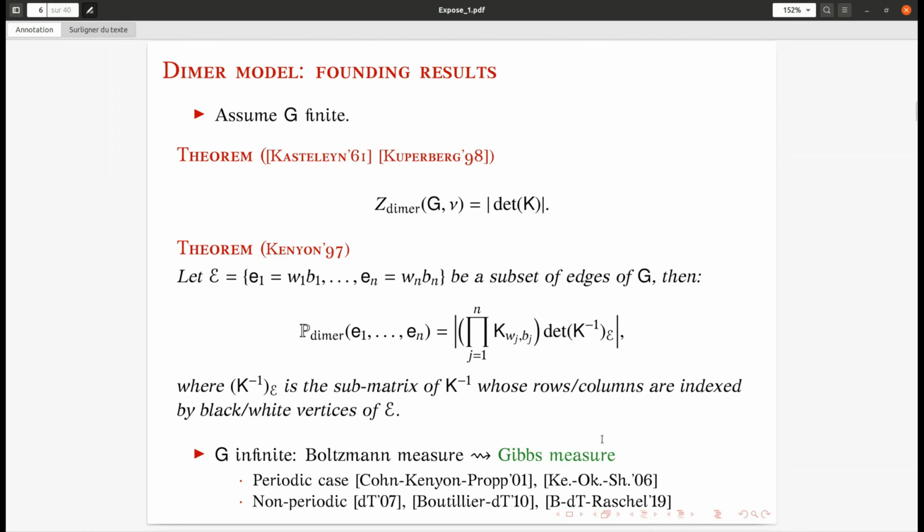Then you can also wonder, can you do things when your graph is non-periodic? Okay, and so this uses different techniques, and we had some results in this direction. I did things in my thesis, then we worked with Cédric Boutillier and also with Kilian Raschel in some specific non-periodic cases.